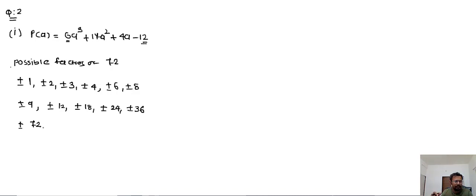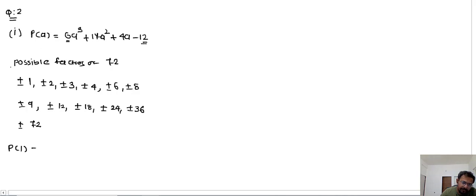If you take 1, 6 times 1 cube. Okay, so just replace a by 1. It looks like 6 plus 17 plus 4 minus 12. Okay, so 6 plus 4 is 10, 17 is 27, 27 minus 12. So it is 15, which is not equal to 0. So we can say that a minus 1 is not a factor.